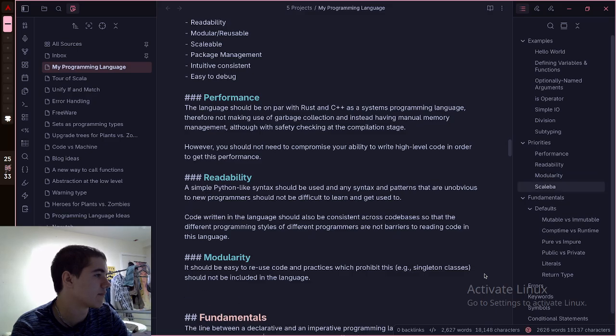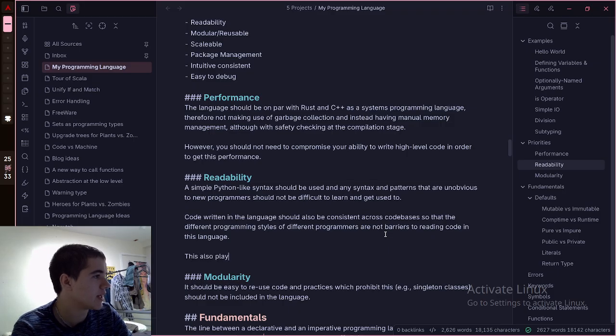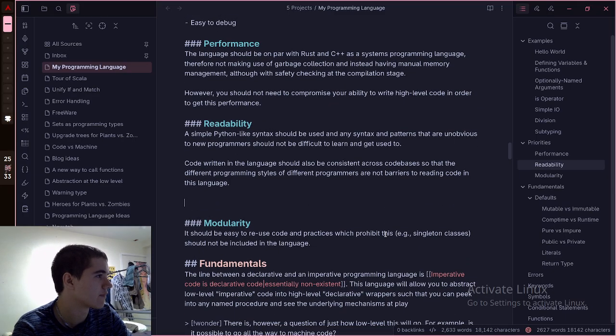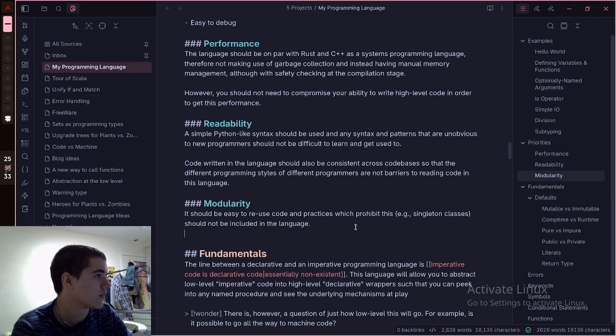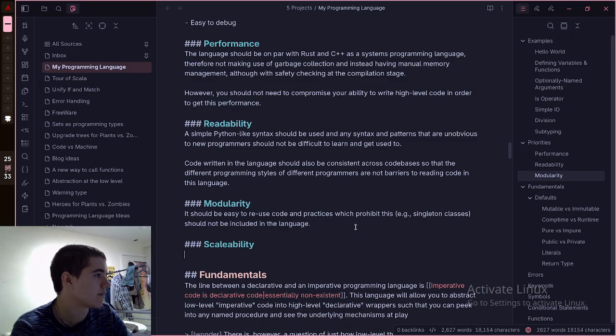Scalability. Well, this also plays into how the language. Well, not really. Scalability.